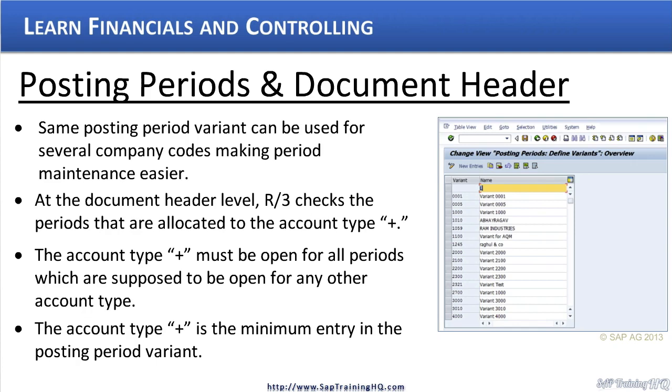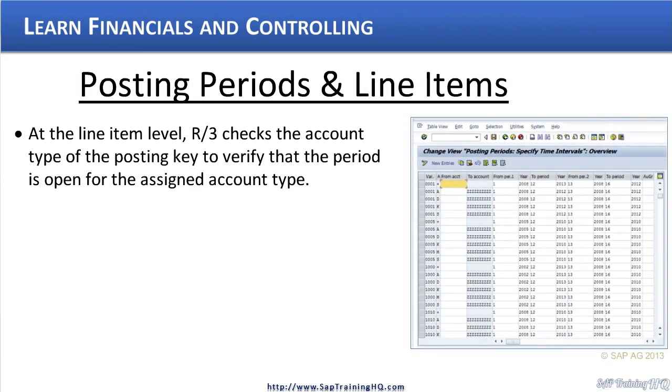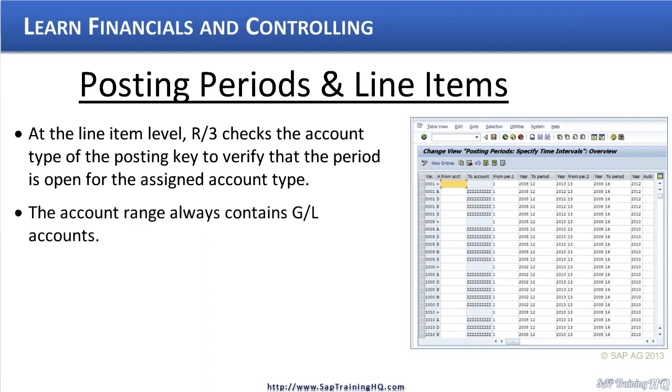Now let's take a look and see if we can understand the relationship between posting periods and line items. At the line item level, R3 checks the account type of the posting key to verify that the period is open for the assigned account type. The account range always contains general ledger accounts.